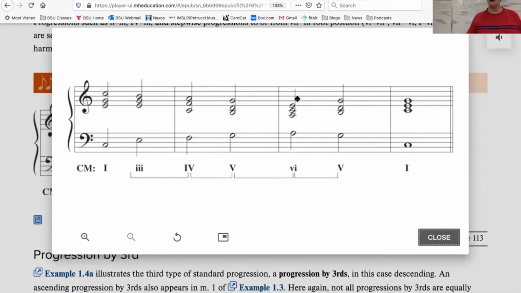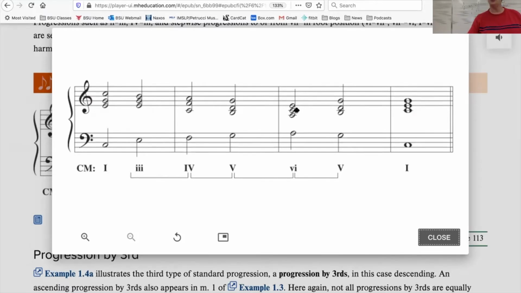If the bass moves down by step, the opposite is true. Here we have the A moving down by step to G. Now all of the upper voices are going to move up to the nearest note that's part of the G major triad. So the soprano on the E has to go up to the G. That's the nearest note in the G major triad.